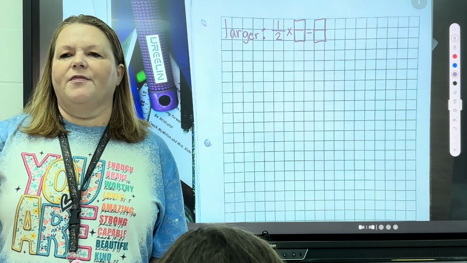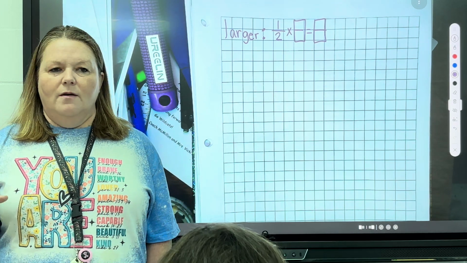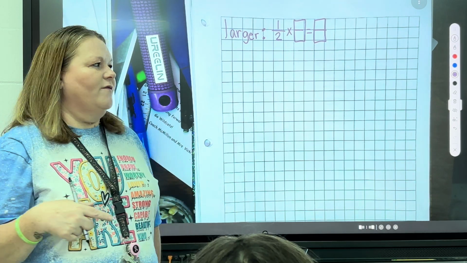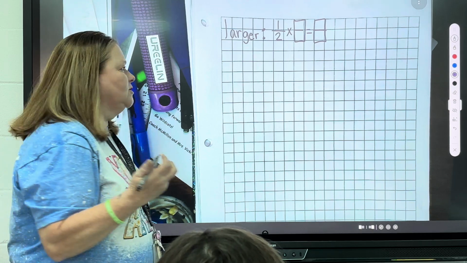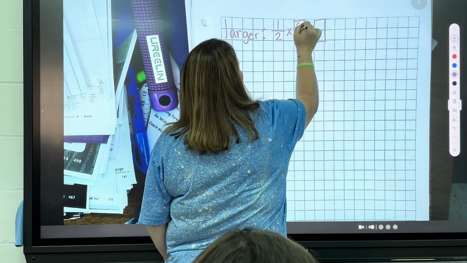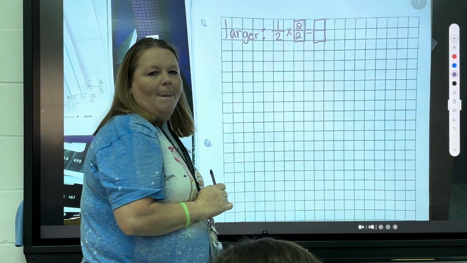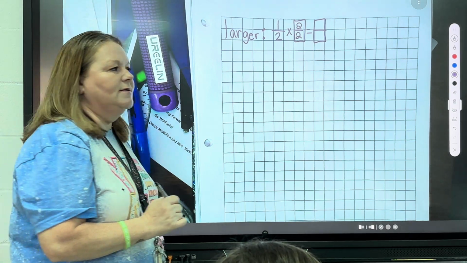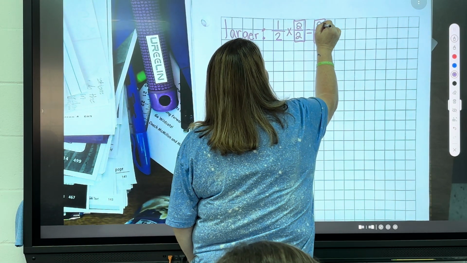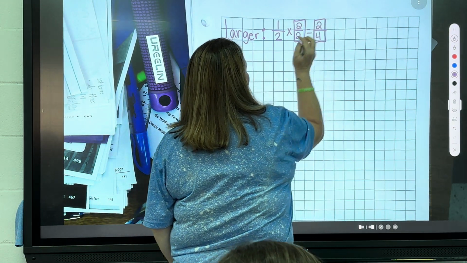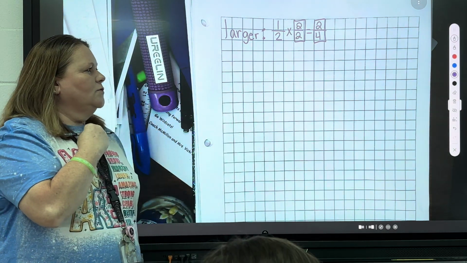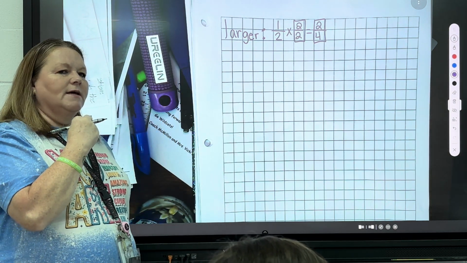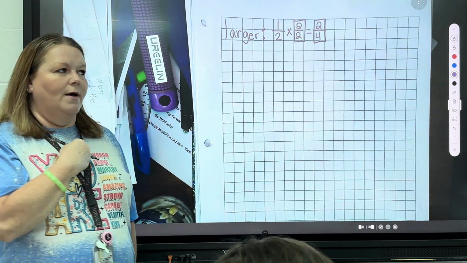What do we multiply the numerator by? We multiply the denominator too. Very good. That's a good one to remember, right? So 2 times 1 is 2. 2 times 2 is 4. So 2/4 is equivalent to 1/2.